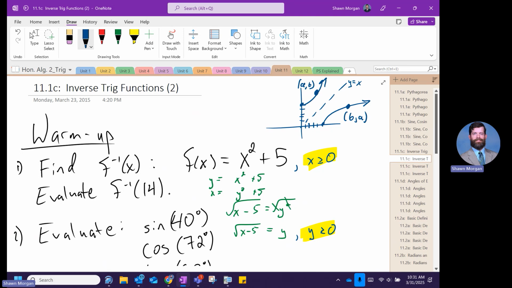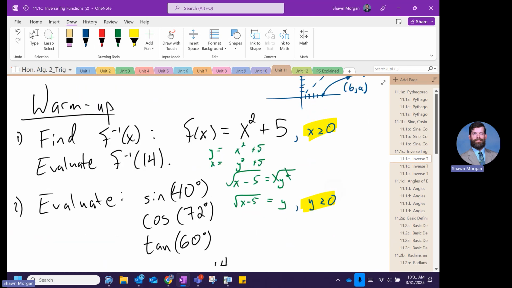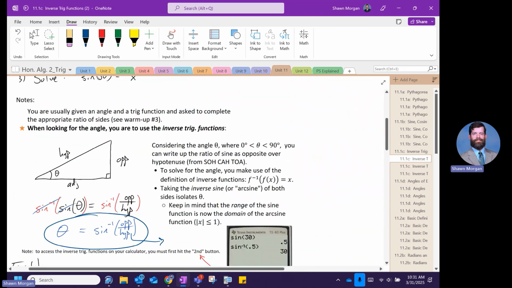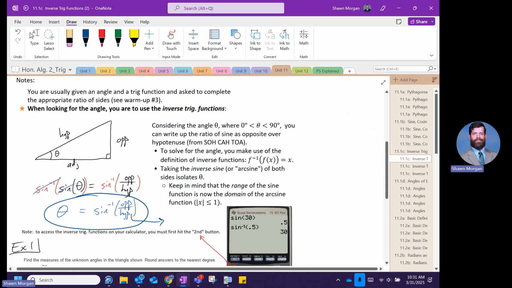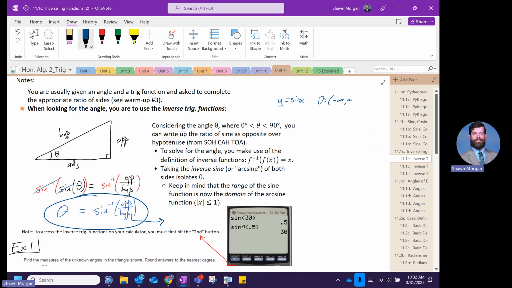Now, the reason I'm pitching that to you here is that the sine function, the cosine function, and the tangent function have some restrictions. For y equals sine of x, the domain is all real numbers, but the range is between -1 and +1.